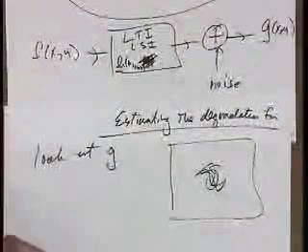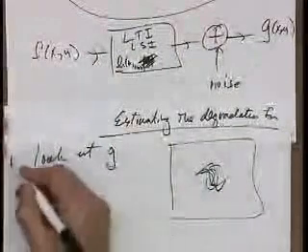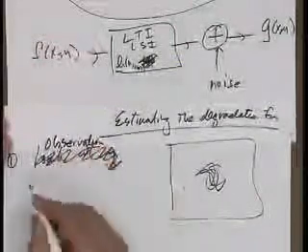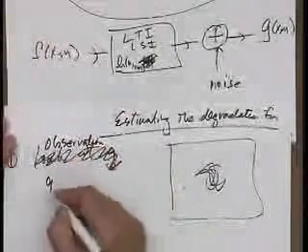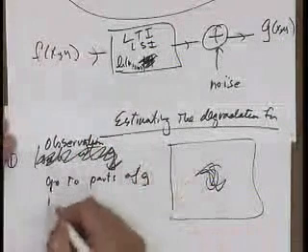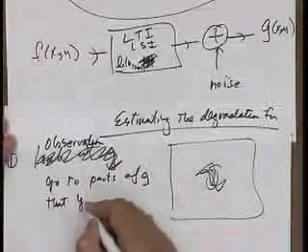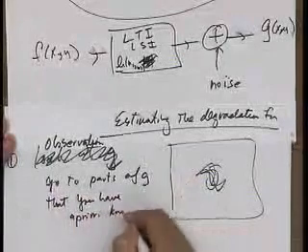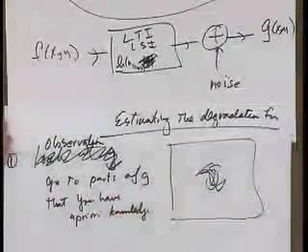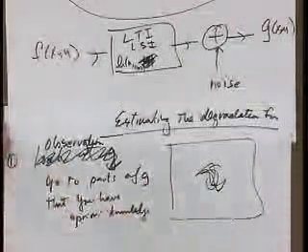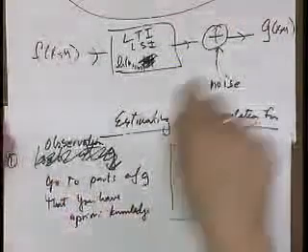So technique number one is observation based. And what I mean is go to parts of G that you have a priori knowledge. For example, if you're looking at astronomical signals from Hubble telescope, well, you know, there's star parts, and then there's parts that are kind of uniform background. So maybe you can go to the uniform background and try to estimate the characteristics of noise from there.